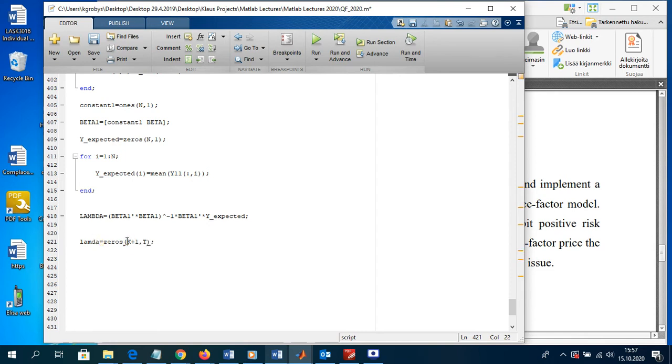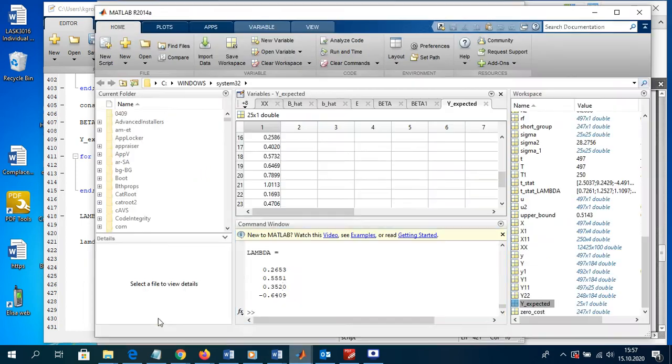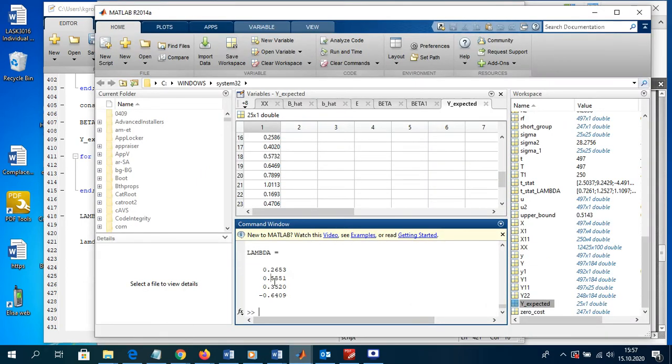Our risk premium vector lambda has four different estimates: the intercept term lambda 0, and lambda 1, lambda 2, and lambda 3. Lambda 0 is the part of the expected returns that is unexplained by the variation in the betas against the market, size, or value factor.